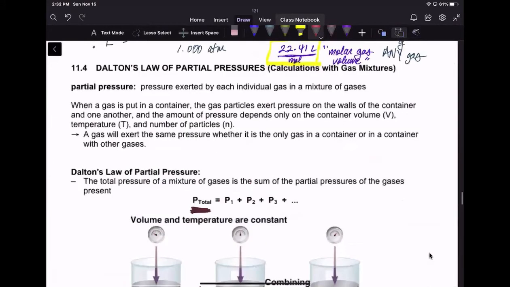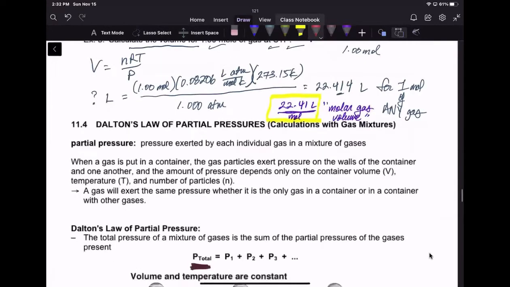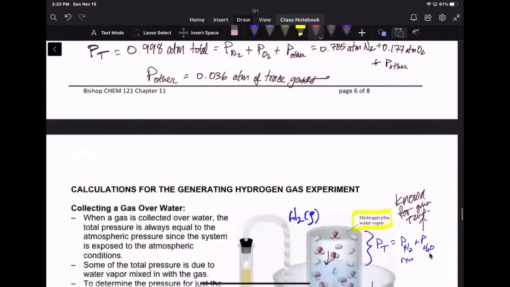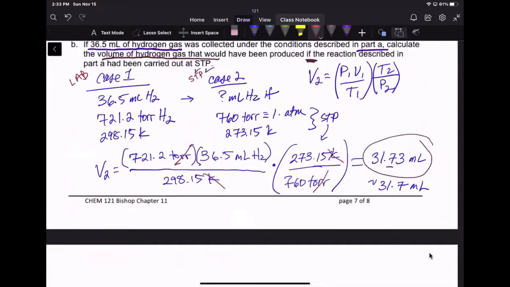So the molar volume of any gas at standard temperature and pressure is 22.41 liters per mole. So we just converted to milliliters at standard temperature and pressure by substituting in those variables. So this is the volume I would have if I had collected this at standard temperature and pressure.